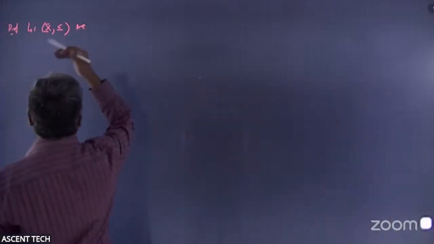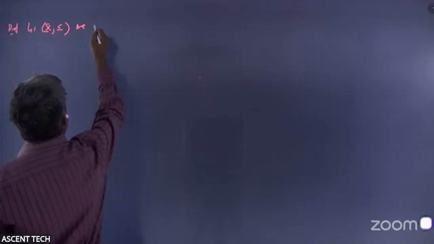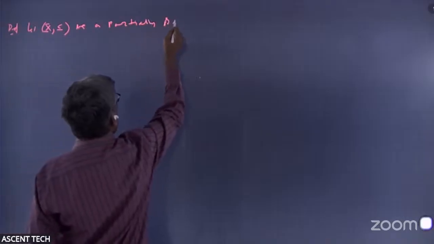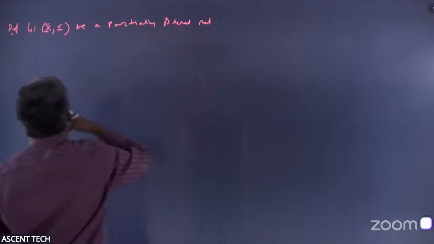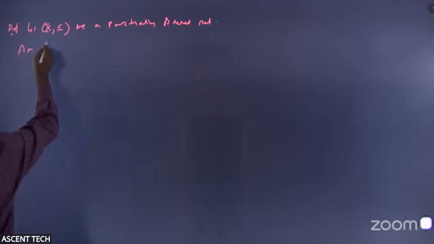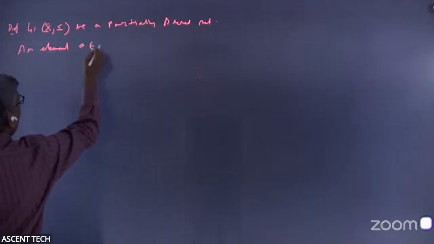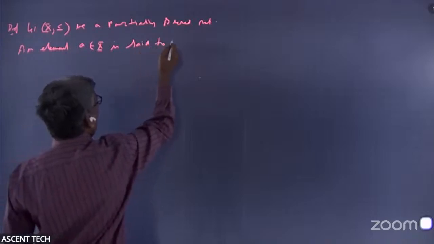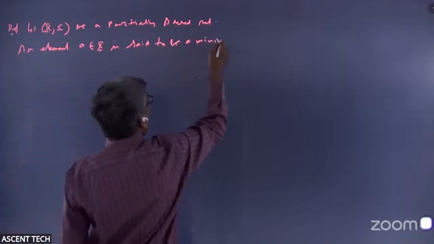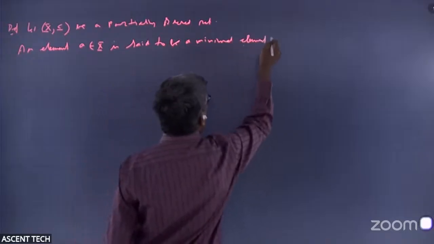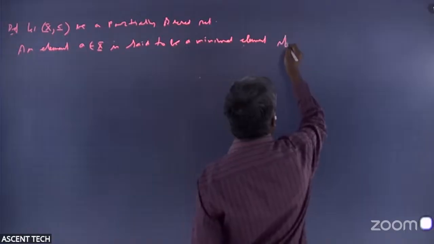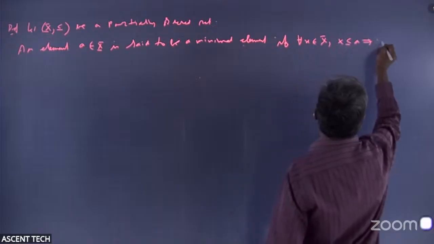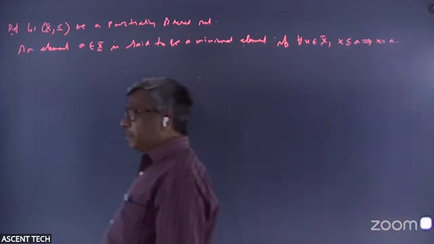Let X, less than or equal to, be a partially ordered set. An element A in X is said to be a minimal element if for every x in X, x less than or equal to A implies x is equal to A. That means there is nothing smaller than A in that.